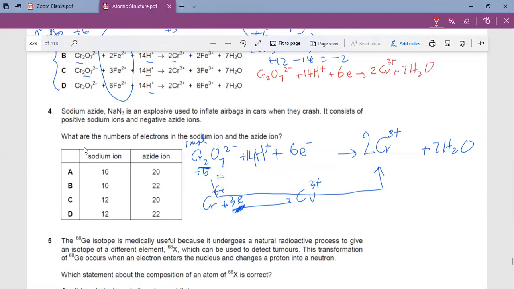Of course, this will be what? Electron accepting, gain electrons is reduction. Now, who will give you the 6 electrons? Must be the Fe2 plus going to Fe3 plus.